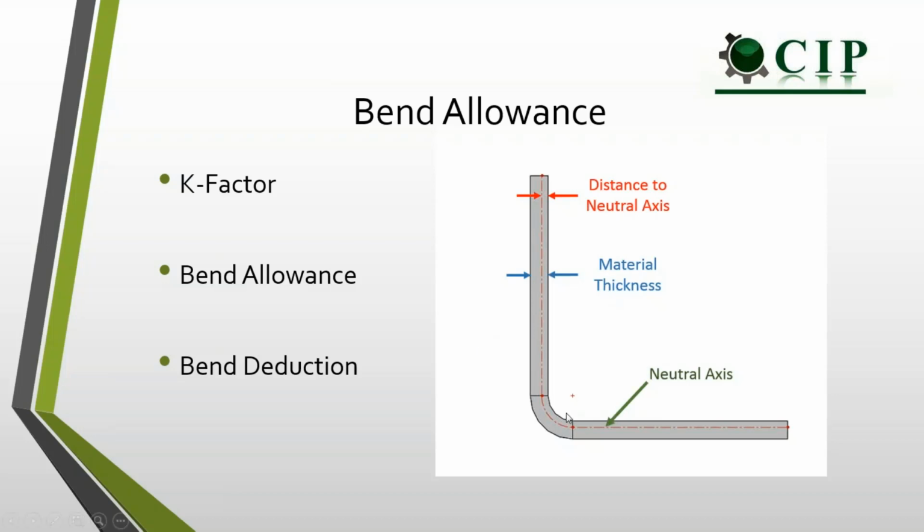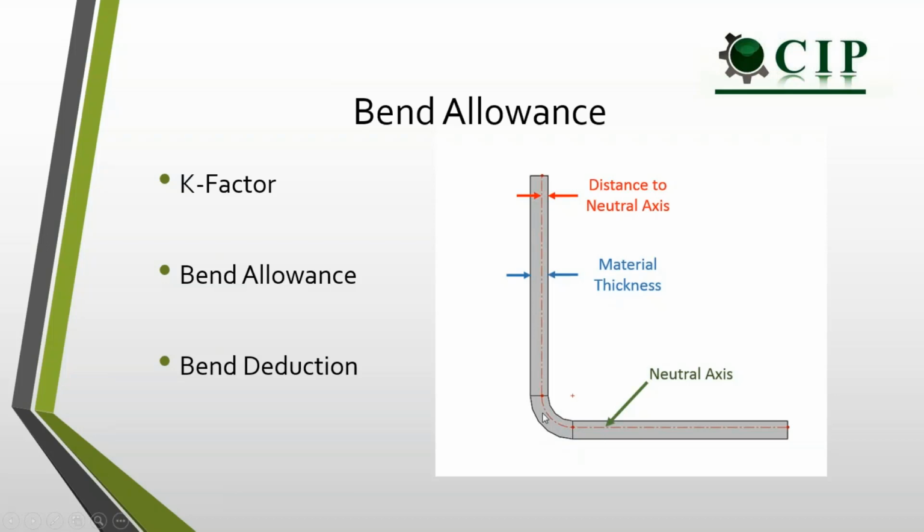So you'll notice that there is a neutral axis here that goes at some depth along this thickness here. And what that represents is the material that's not being deformed. So you'll see on this inside bend here that this little radius is smaller. So this material here is being compressed, and then here on the outside when it's bent, this is actually expanding some.